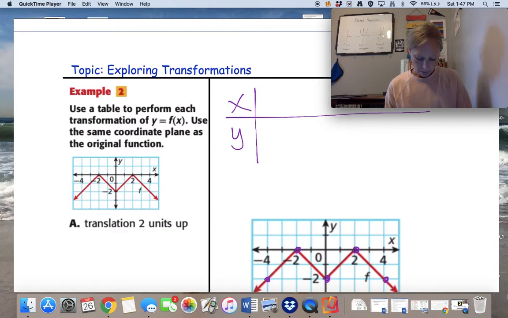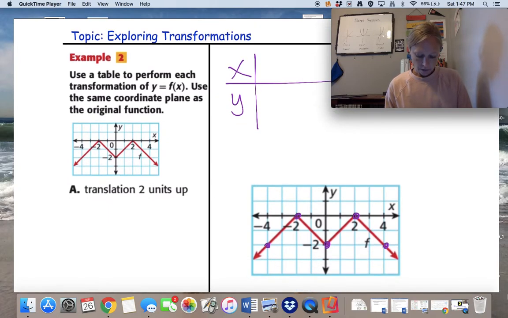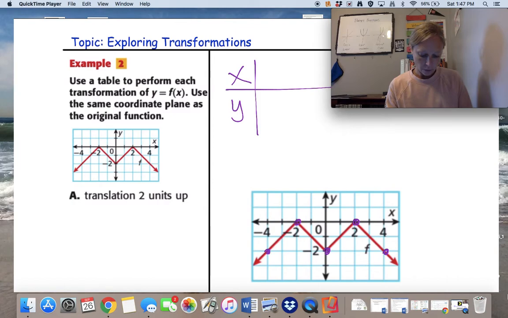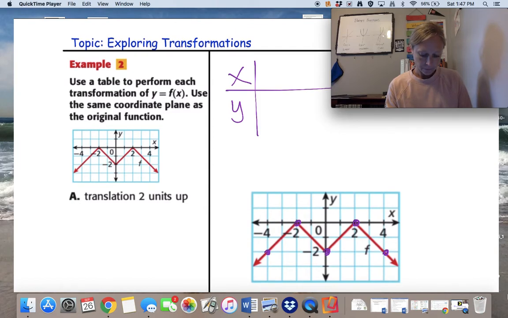So if I label these points, the first one is over -4 down 2. The next point here is over -2 up 0. Next I have over 0 down 2.